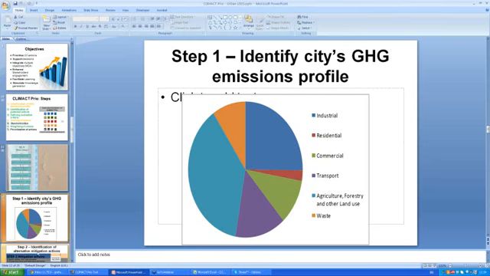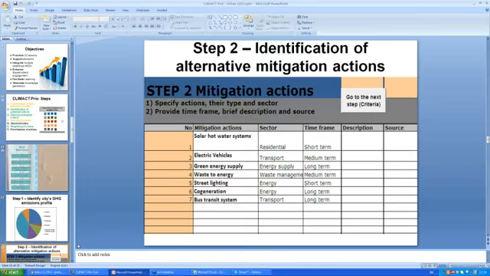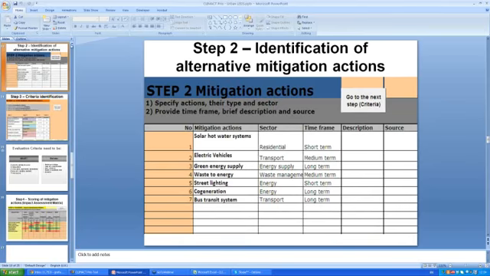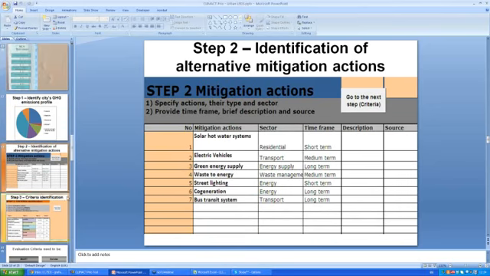And based on that, we can identify then the different actions or possible solutions and so on. So I think, yes, that is true. This is context specific, and depending on the main objective and what we want to achieve, we can leave out this identification of greenhouse gas emissions profile.